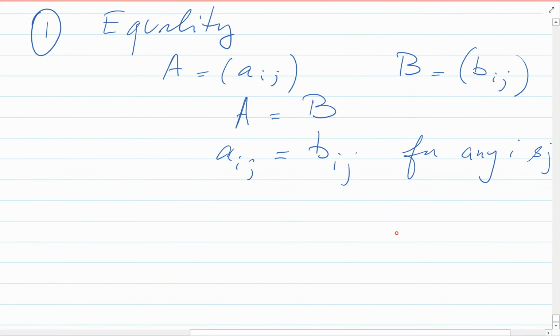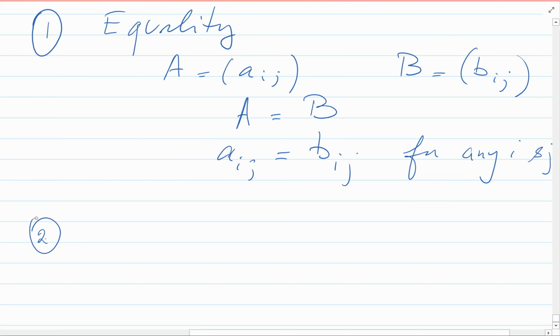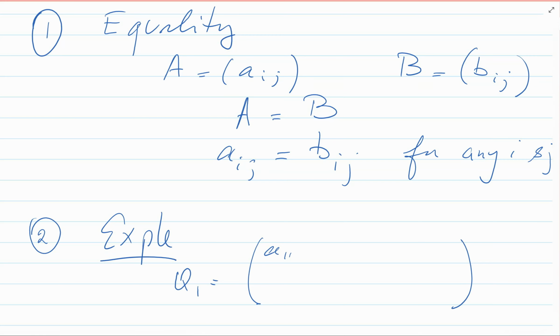Okay. In order to understand the second property, let me go back to the example of the families. So we have quarter 1, which is, okay, we have A11. Remember, that was the housing expenses for family 1 in that quarter.